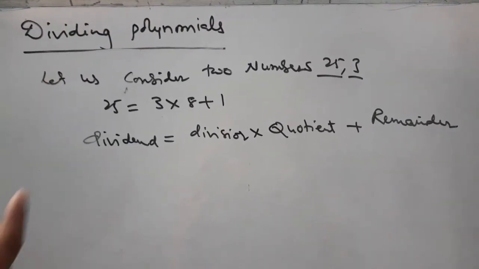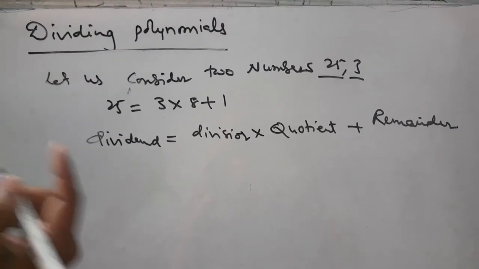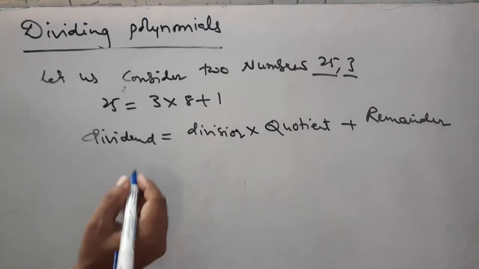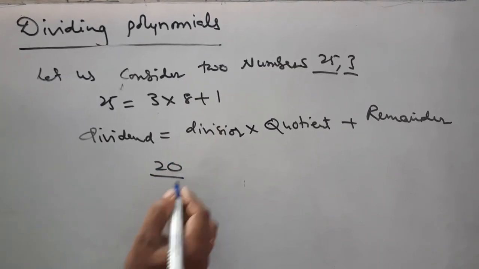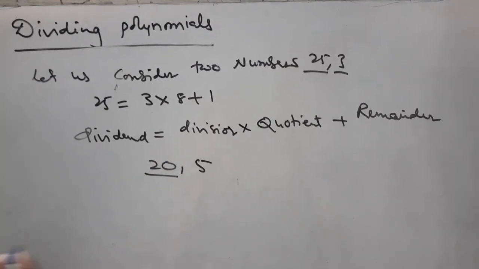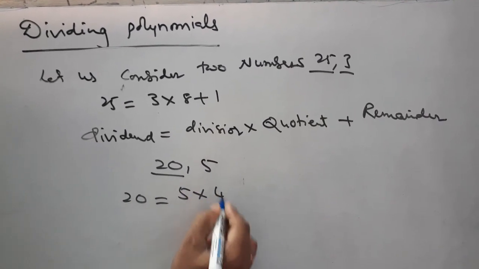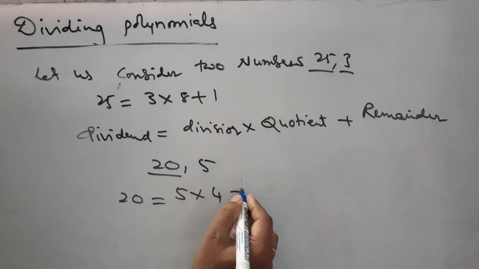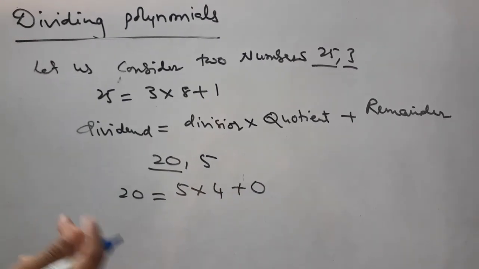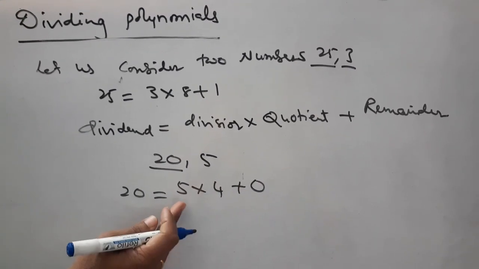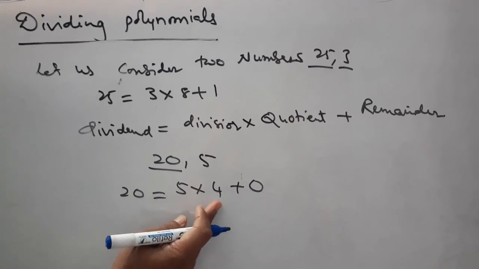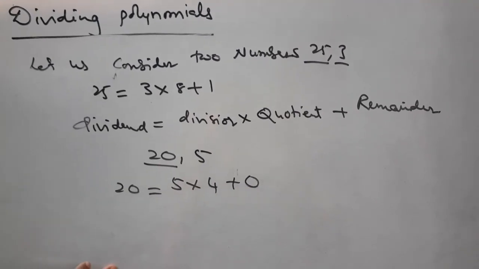Now I am taking one more example, the two numbers 20 comma 5. 20 we can write as 5 into 4 plus 0. Here 20 is the dividend, the divisor is 5, 4 is the quotient and the remainder is 0.